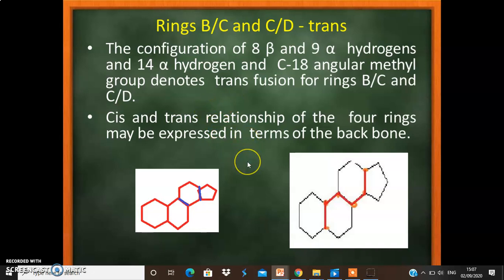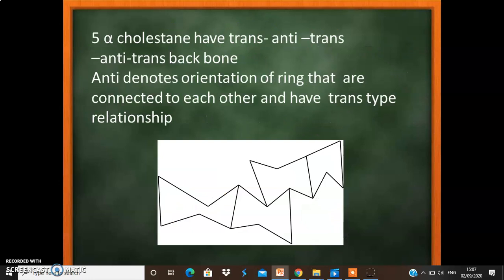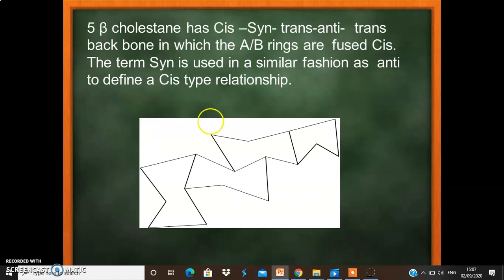Cis and trans relationships of the four rings may be expressed in terms of the backbone. 5 alpha cholestane has a trans-anti-trans backbone, where anti denotes the orientation of rings connected to each other with a trans type of relationship. 5 beta cholestane has a cis-syn-trans-anti-trans backbone, in which the AB ring junction is cis. The term syn is used in a similar fashion to anti to define the cis type of relationship.